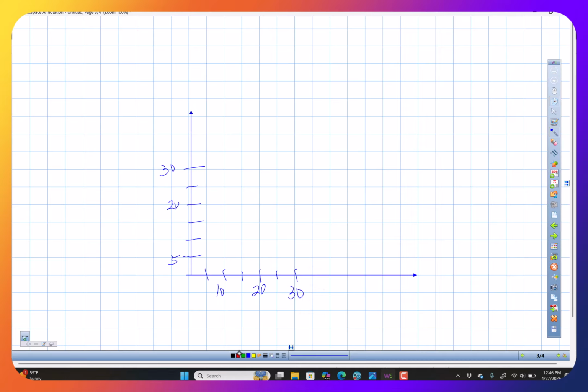I know that my y-intercept is 30 and my x-intercept is 30. It's really good to have a straight edge when you're doing these problems. So all I have to do is put a straight edge between those two points, draw my line in, and I've got a perfect line.